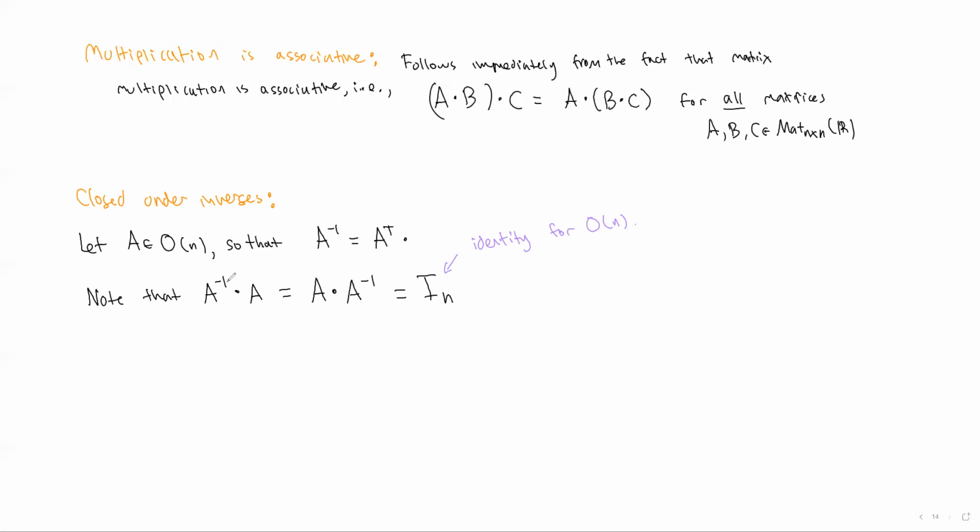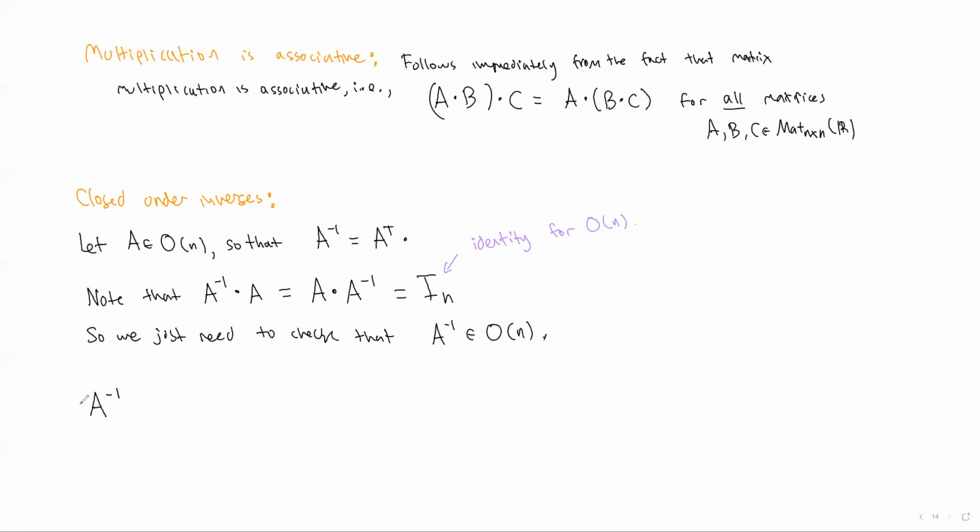So it is the only candidate for an inverse. It is the only element that could potentially be the inverse of A in O_N, but we have to check that it's actually in O_N. So we just need to check that A inverse is an element of O_N.